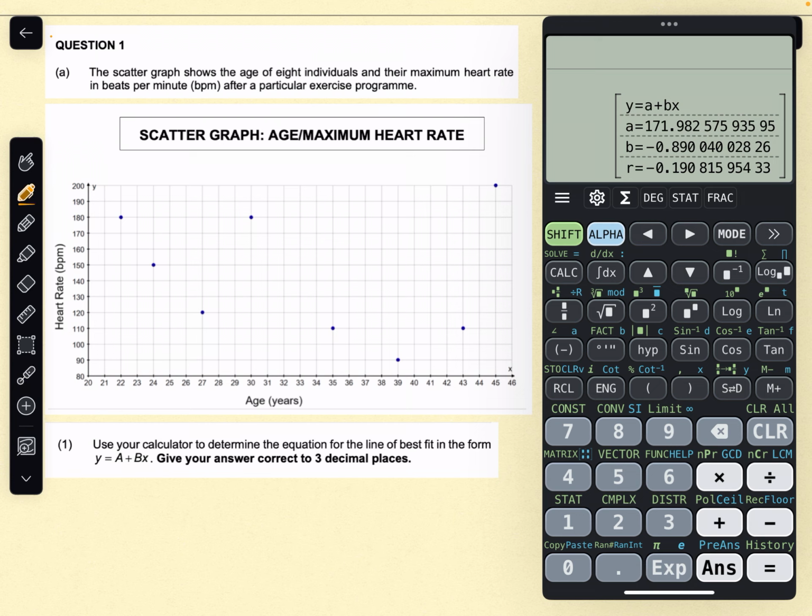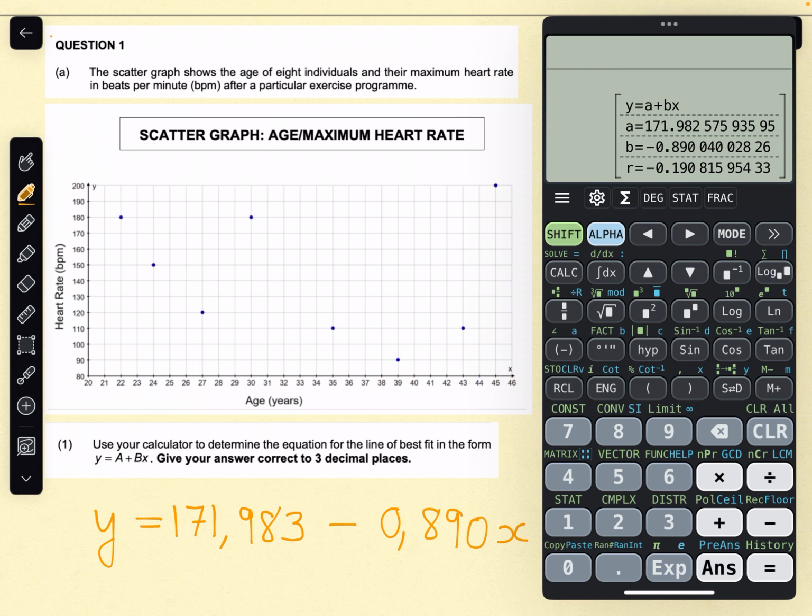So let's jot this down then. y is equal to 171.983 minus 0.890x. And we can test for a couple of values, just to sanity check.